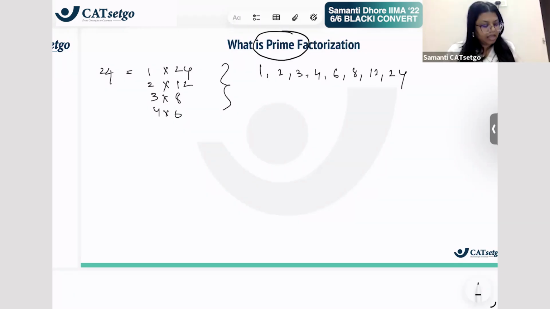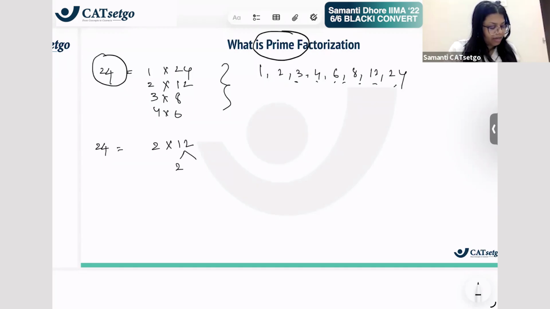Prime factors are basically, instead of factorizing the given number into any random numbers, when we represent a given number as a multiple of only prime numbers, we call it prime factorization. Okay? So this 24 I'm writing as 2 times 12, 2 is a prime number, right? 12 I'm writing as 2 times 6. 6 I'm writing as 2 times 3.